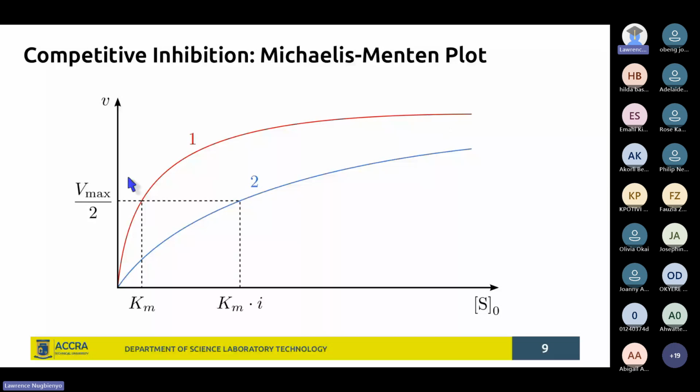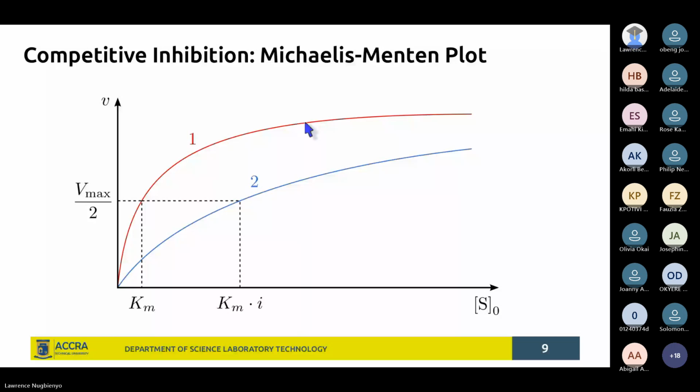And so now, what do you notice? If you take a look at the substrate concentrations against the rate of reaction, you notice that the rate of reaction at any point is lower for the inhibited reaction compared to that of the uninhibited, normal reaction.